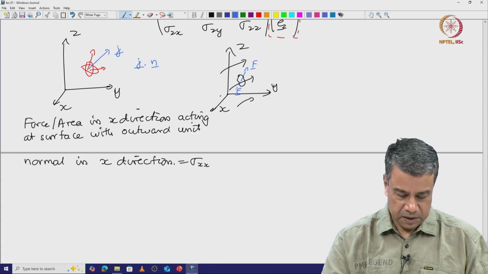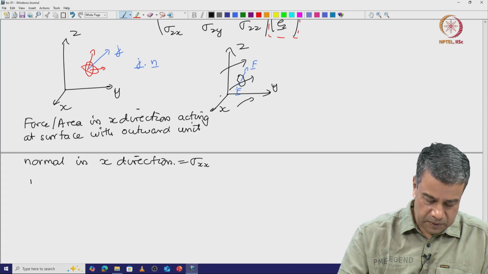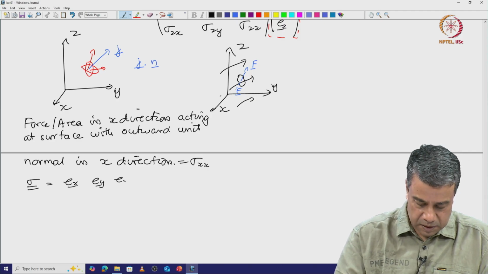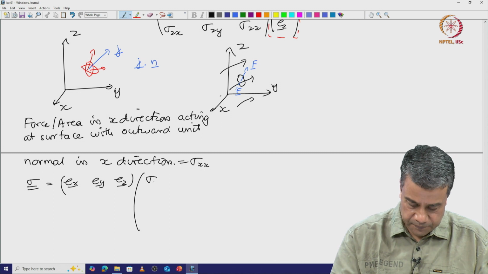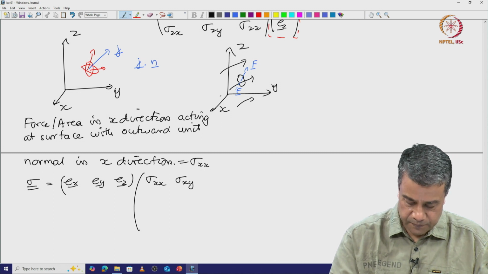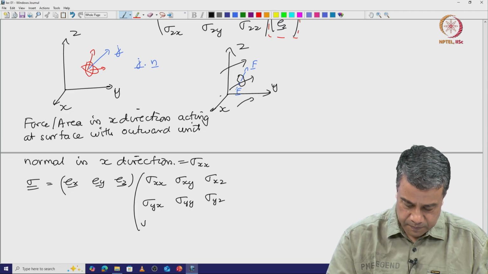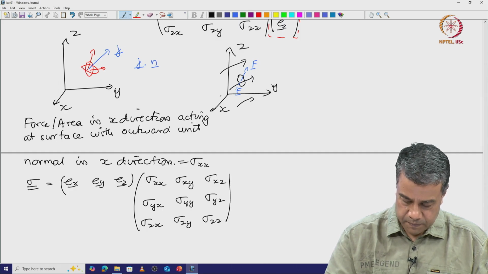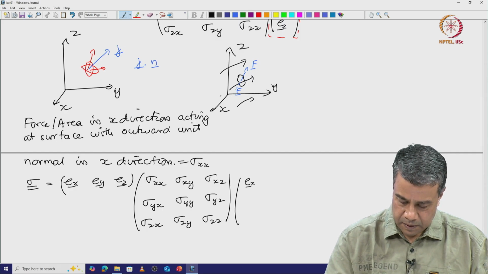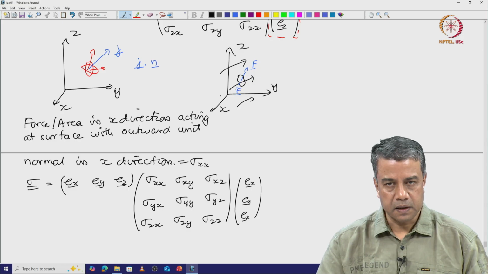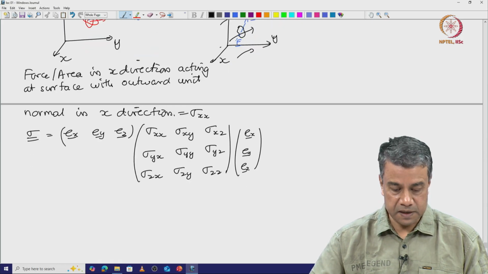In a similar manner, the stress tensor, which I had written for you as Ex, Ey, Ez, is uniquely defined at each point in space.